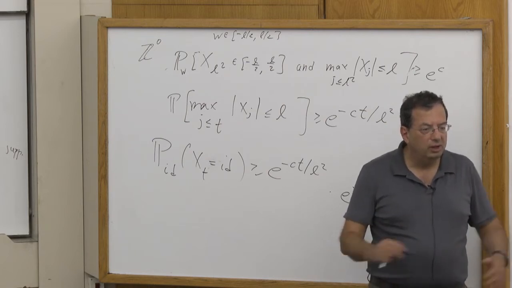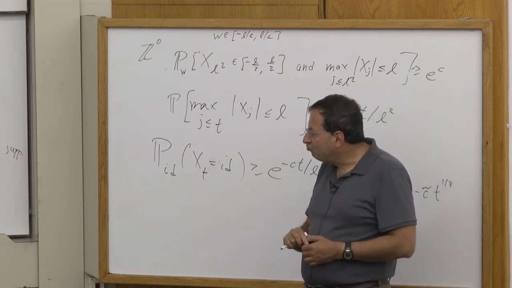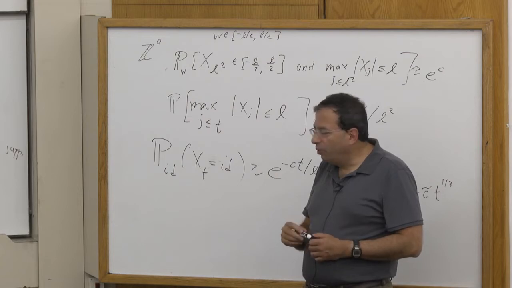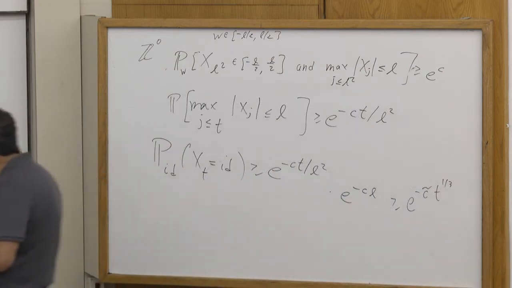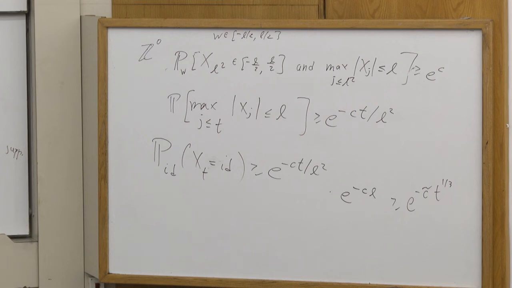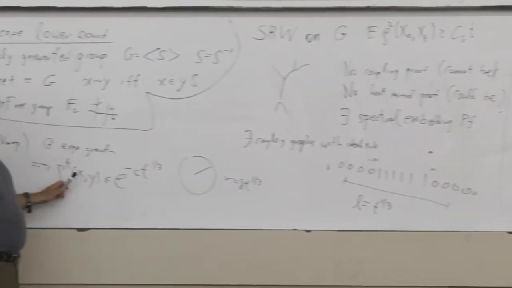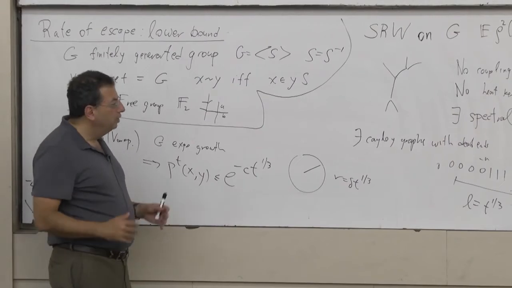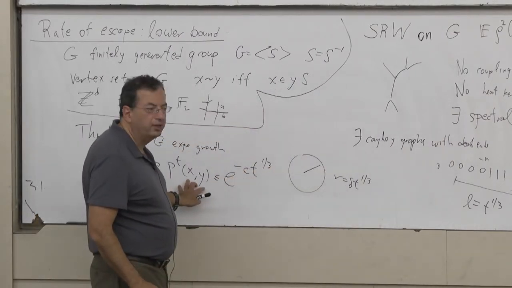So if you want to prove things by heat kernels, you can't get anything better unless you prove a better off-diagonal bound. Here we used an on-diagonal bound, so this is a uniform bound. It doesn't depend on what x and y are.